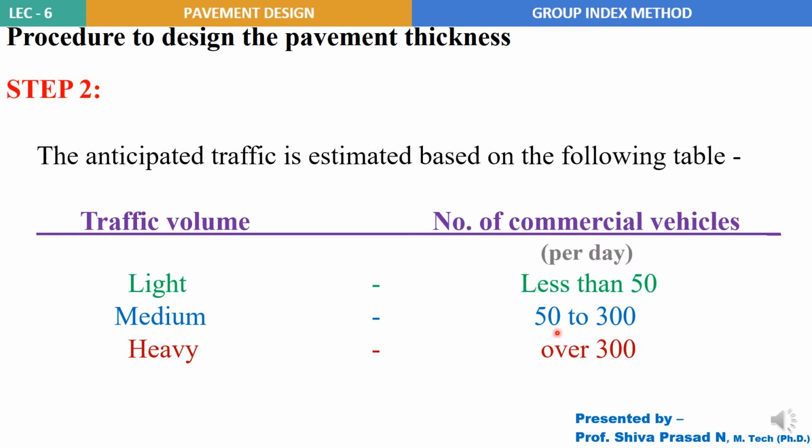If it is in the range 50 to 300, then it is referred to as medium traffic, and over 300 is considered as heavy traffic volume. So based on these three different traffic volume categories, we have different curves to be chosen in the design charts, and let's look into that.